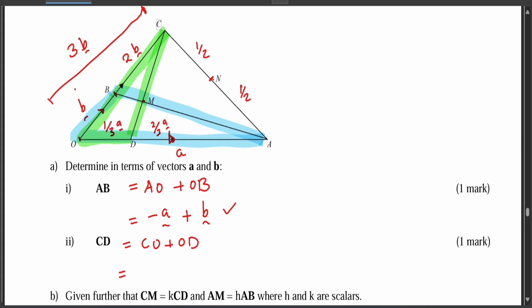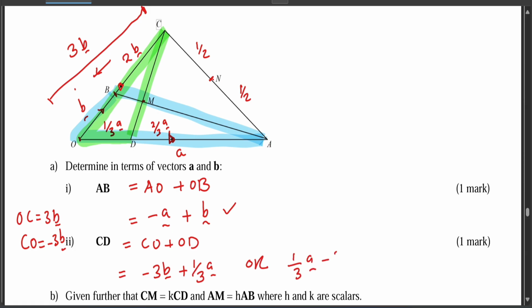So CO is basically the negative of that direction being given. Remember OC is 3B, isn't it? You have gone CO, you have gone against that direction, so it's negative 3B. Even if you see the arrow pointing this way, and you have gone this way, it is against it. So it's negative 3B plus OD. OD is a third of A. So you can either write it like this, or you can write it as a third A minus 3B.